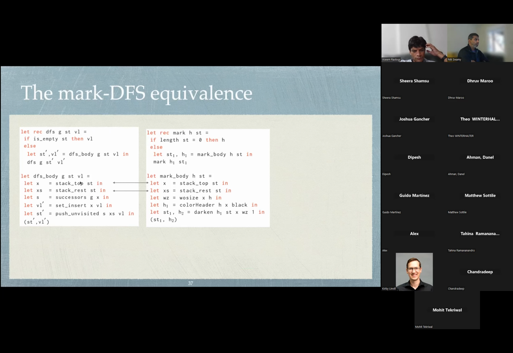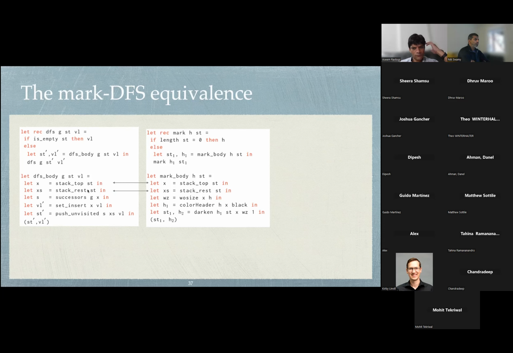So we can see that we need to start with the same stack for DFS as well as mark. The same stack should be taken, and the stack invariant and visited set invariant should also be preserved initially. What DFS does and what mark does are actually identical.